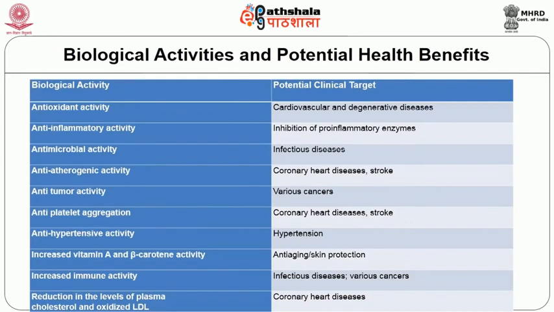Now, to tell you about the biological activities and the potential health benefits relating to olives, they are numerous, and as you see here, the biological activity and the potential clinical target. Now, olive oil has antioxidant activity and thereby can reduce cardiovascular and degenerative diseases.